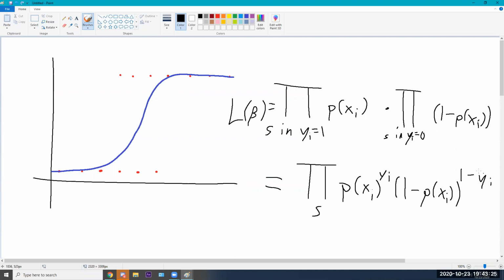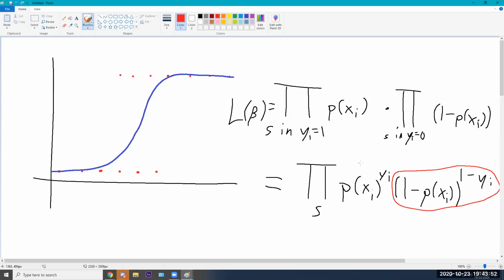And this is saying the same thing as above, even though it may look different. Because if yi is 1, remember, these are the top values where it should just be the probability. If yi is 1, this is going to be 1, so probability of xi to the power of 1 is just probability of xi. And then 1 minus 1 is 0, so this entire term is just going to turn to 1, right? It's going to be ignored.